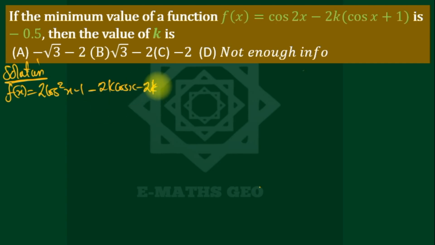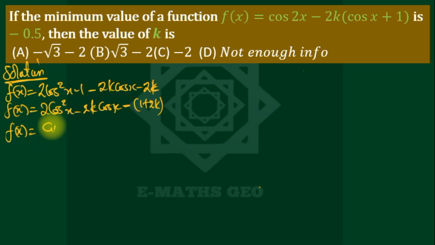So we've opened the bracket. Let's rearrange it so that it looks like a quadratic function. This is minus 2k cos x, minus 1 plus 2k.